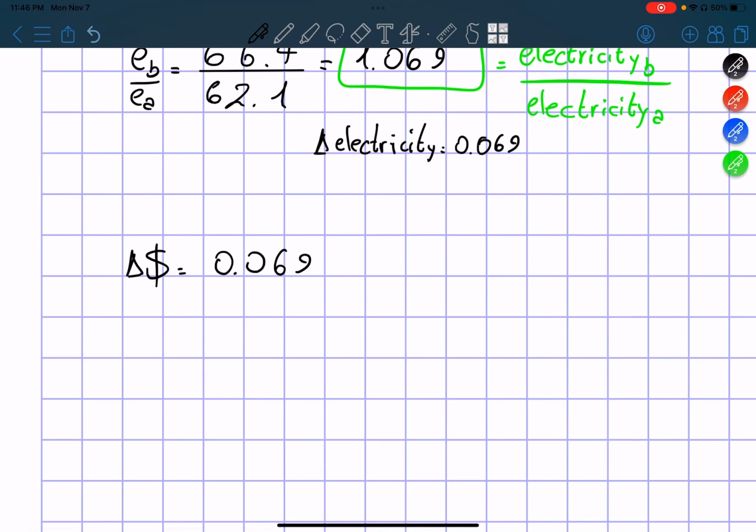So 0.069 times 10^9 joules per second, because we produced 10^9 joules per second, now producing 0.069 more joules per second.